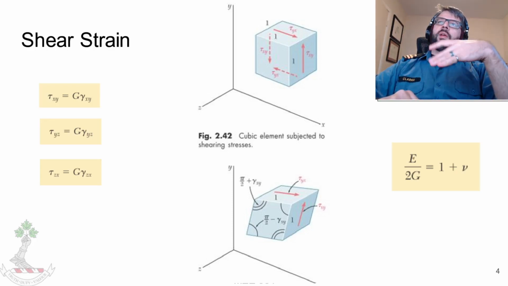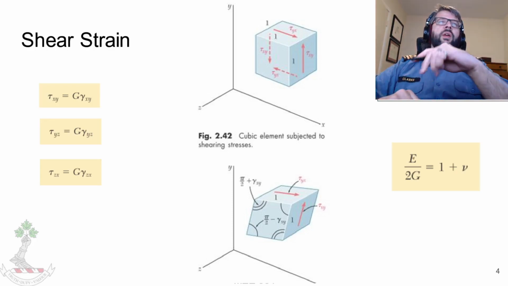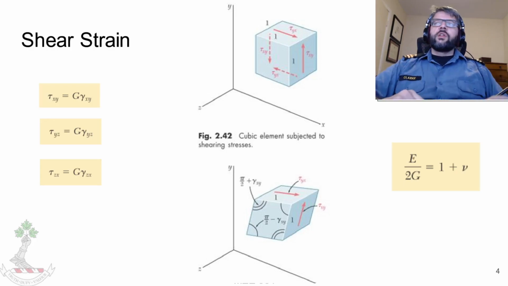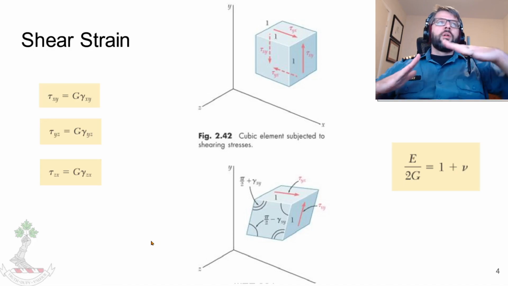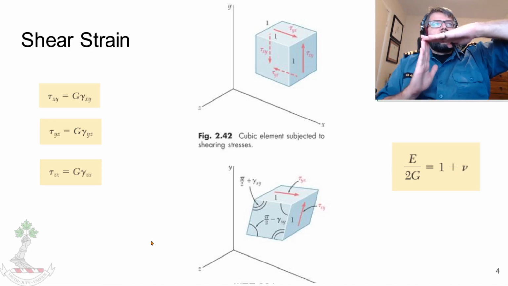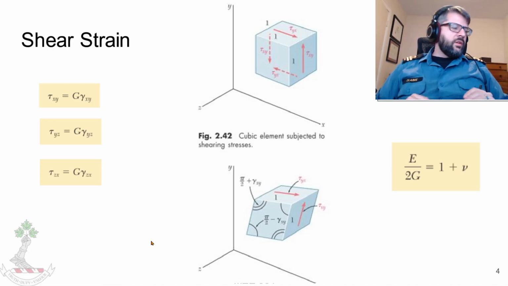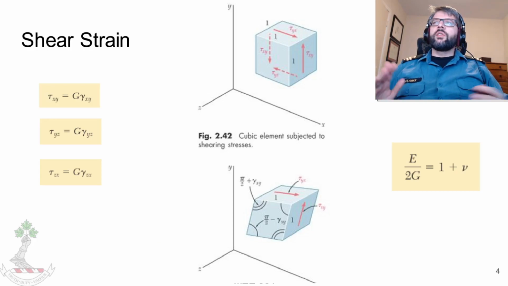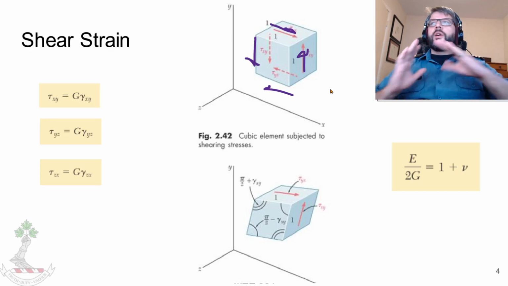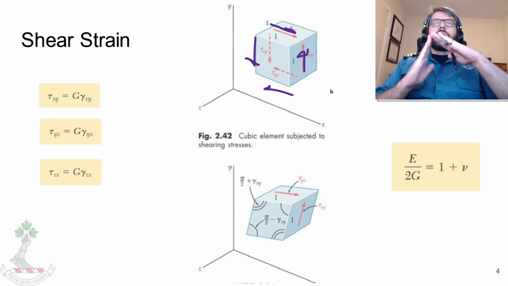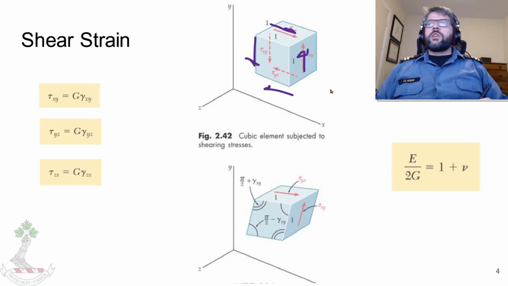Essentially, what we're looking at when we're talking shear strain is we apply some sort of shear stress to the element, if we're pushing on the cube on the sides like this, and then on the other side like this and like this, that's going to cause it to want to distort so that the angles change.